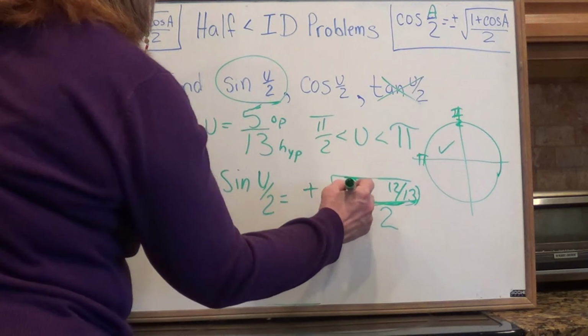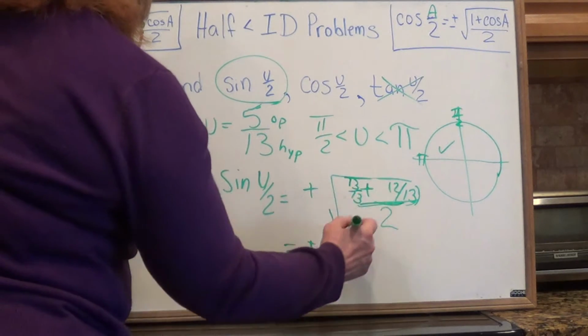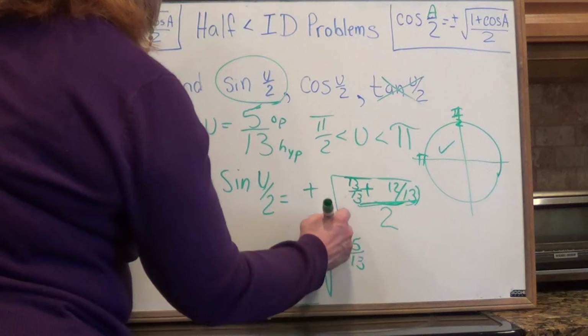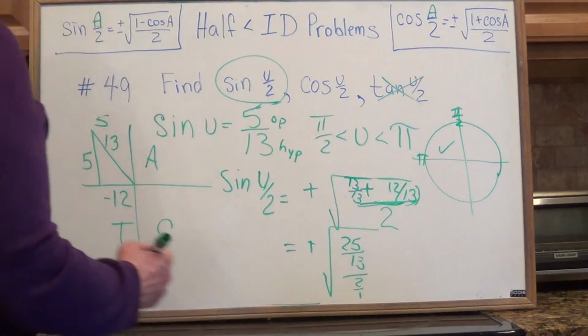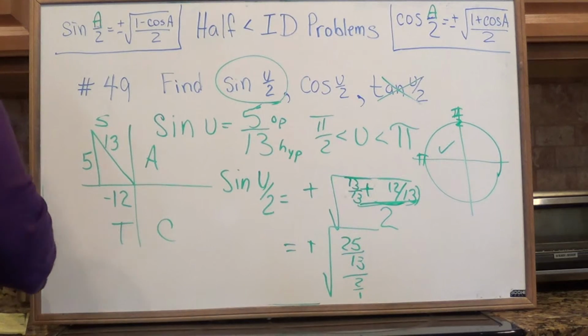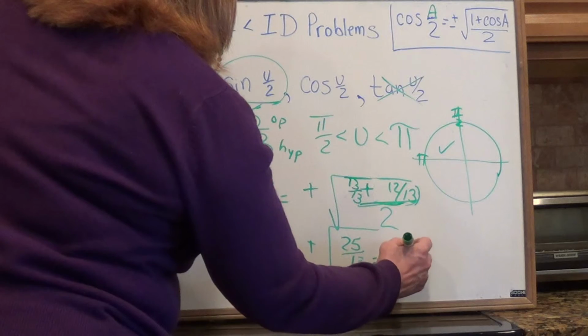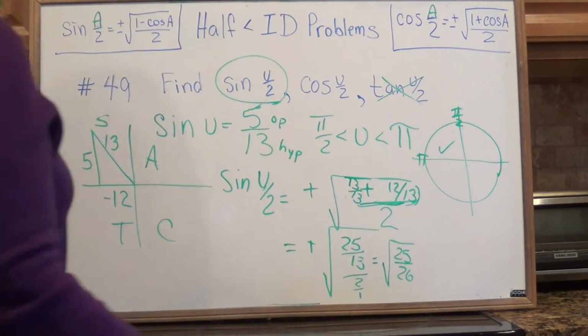All right, so I'm going to keep going here, and I'm going to change my 1 to a 13 over 13. That gives me, in the numerator, a 25 over 13. And that's divided by a 2 over 1. I flip and multiply, and I get the square root of 25 over 26. And I'm going to rationalize that.